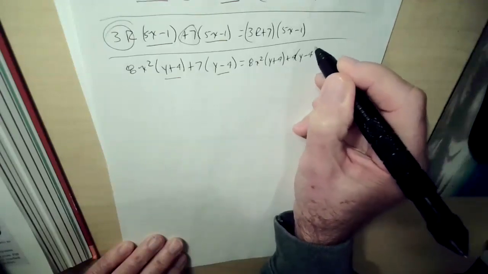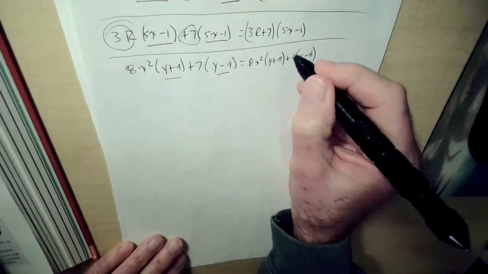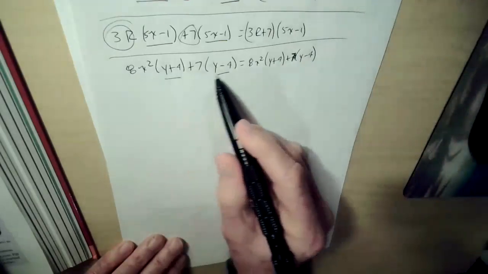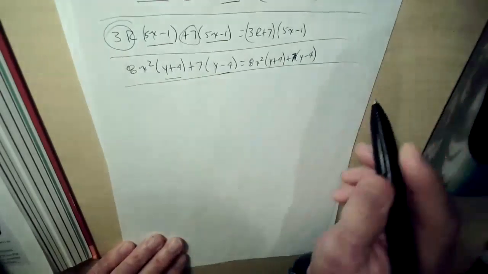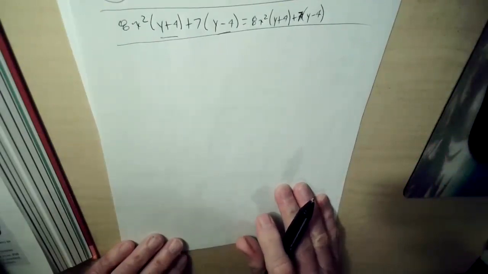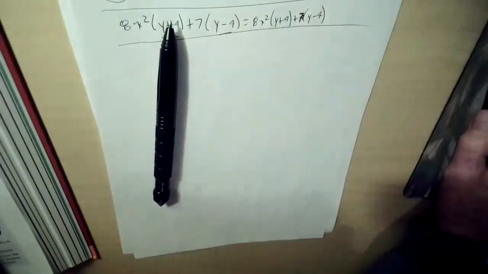We just get 8x squared times y plus 4 plus 7 times y minus 4. Cannot factor that. That's unfactorable, or not factorable form.